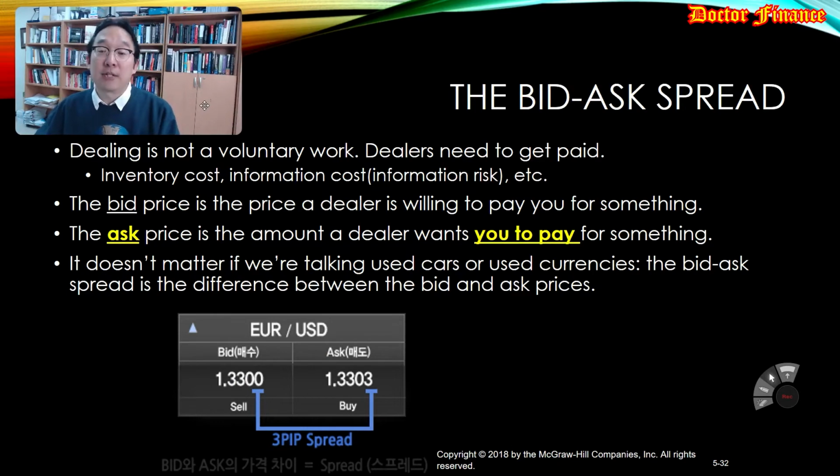Now, in the FX spot market, whenever you go to convert, let's say you start with Korean won and go to a bank and convert it into US dollars for taking trips. You need US dollars, right?